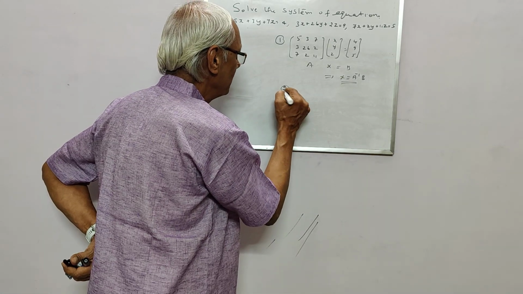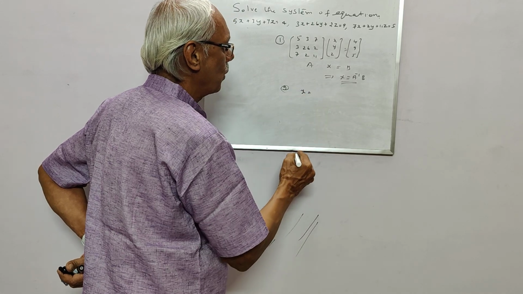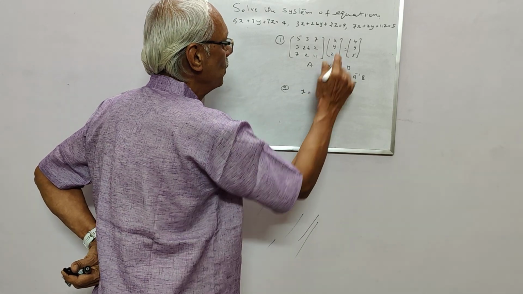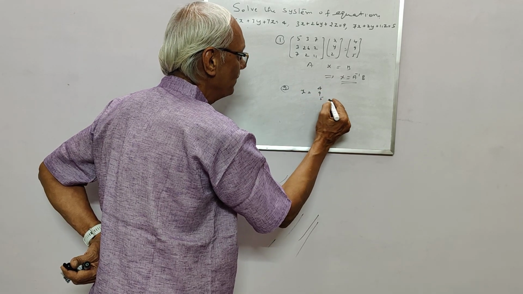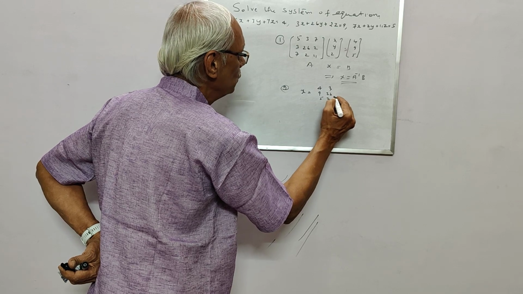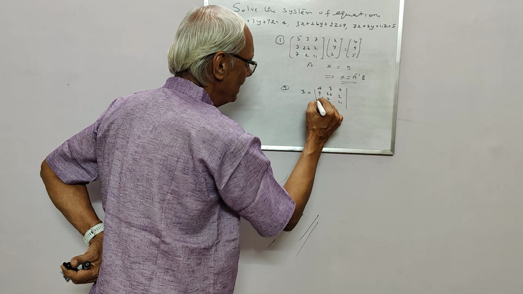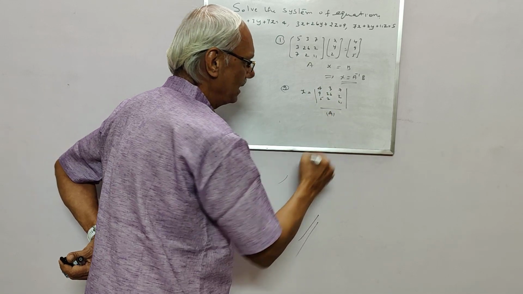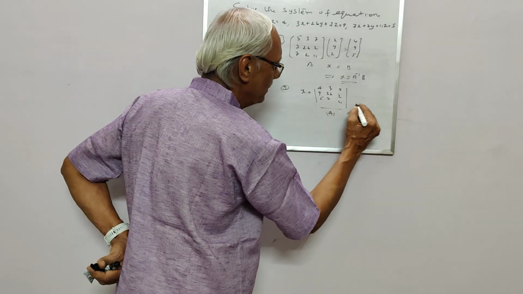Second method is that your x value can be got by using Cramer's rule. If you are going to find the value of x, take 4, 9, 5, then 3, 26, 2, then 7, 2, 11, divided by the determinant of the matrix A. And what is y similarly?